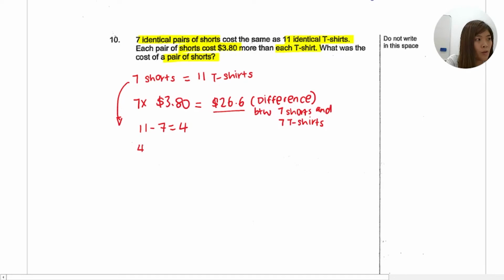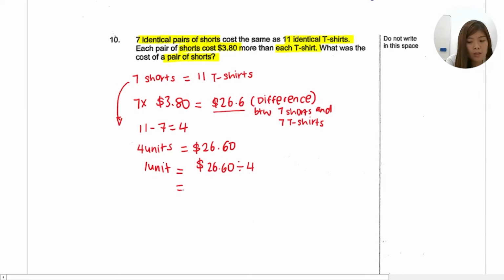Okay, so 4 units is equal to 2660. 1 unit is equal to 2660 divided by 4, and this gives us 665.